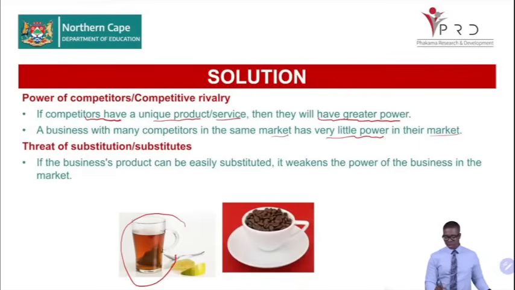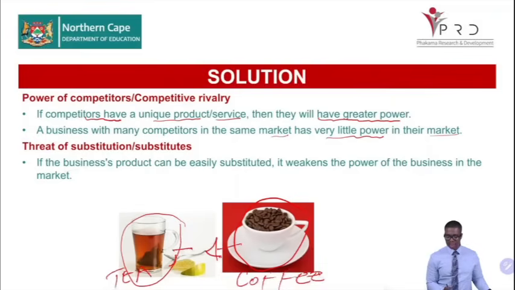So your business will have to check the substitute product, which is coffee, to say, between my product, which is tea, and coffee, can tea easily substitute the coffee, or can the coffee easily substitute the tea? If the business's product can easily be substituted, it weakens the power of the business in the market.